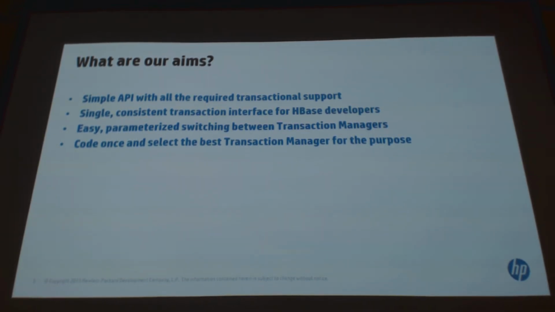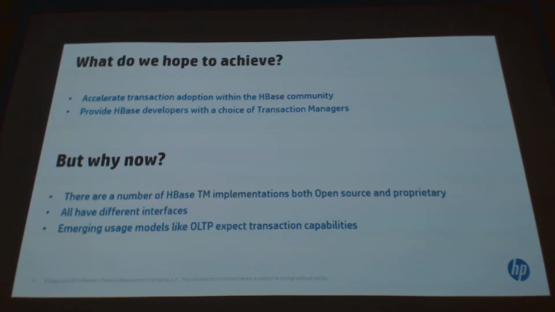So we want it to be the same across different transaction managers, and that's very important for us. We also wanted to make the transaction manager choice parameterizable so that you can select the transaction manager at runtime, configure it, and not change your code. That was one thing we really wanted, so the customers could just write their code once, and then they can select a transaction manager that really works for them.